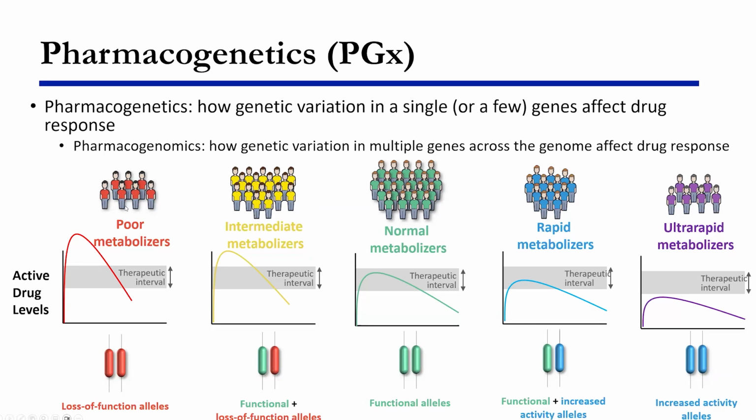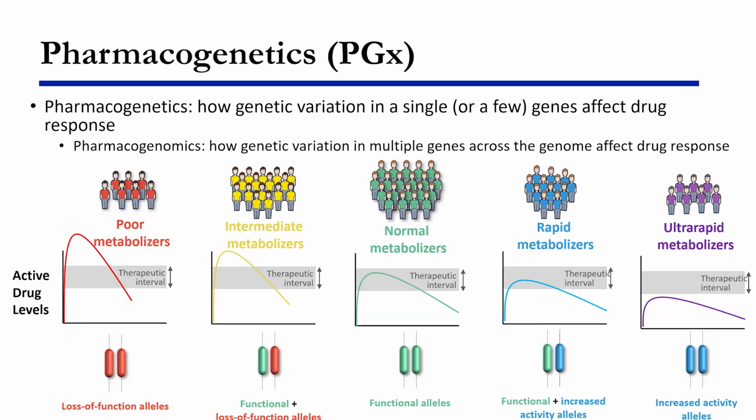can have poor metabolizers. These are patients who have two loss of function alleles. And if you have two loss of function alleles, you're not making any functional enzyme.